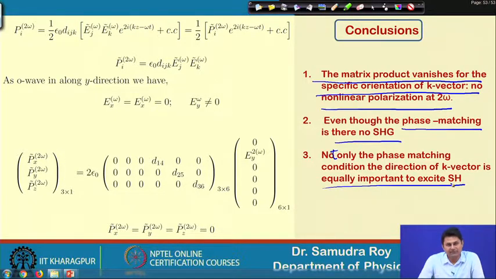I launch the k vector along the direction for which the phase matching is there, but the azimuthal angle is very important, because I can launch the k vector in infinite orientations for which the phase matching is there, but the direction is different. Based on the k direction, one can know the directions of the ordinary and extraordinary E, which eventually generate the second harmonic.